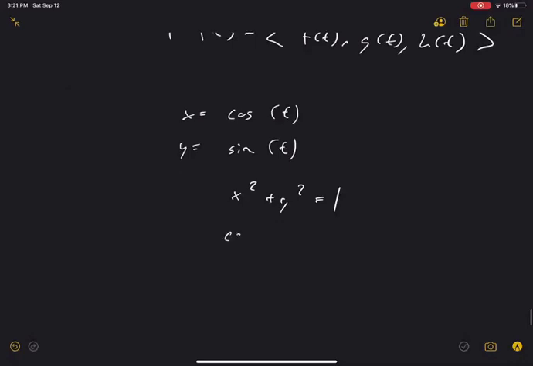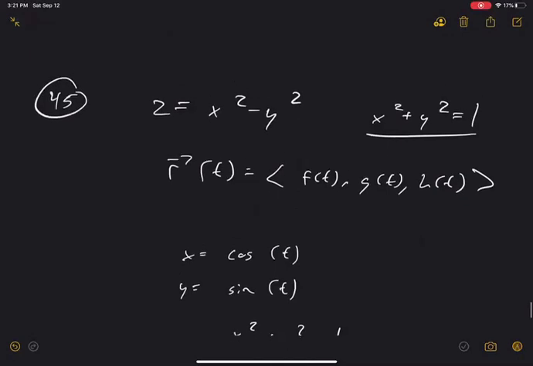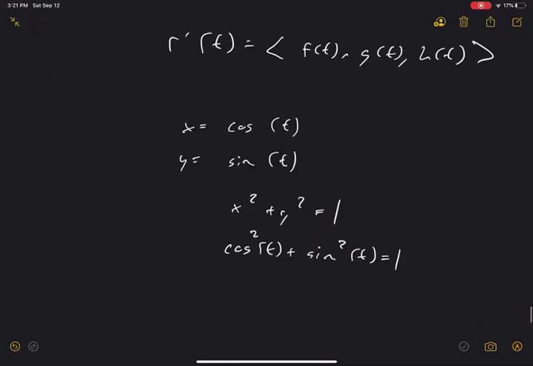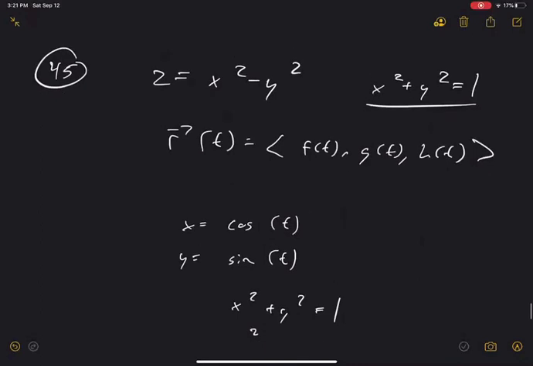That's the same as cosine squared of t plus sine squared of t equals 1, right? And this equation always holds. It holds no matter what t is, all right? So if x is equal to cosine and y is equal to sine, those functions will work for this right side. But I also want them to work for my left side.